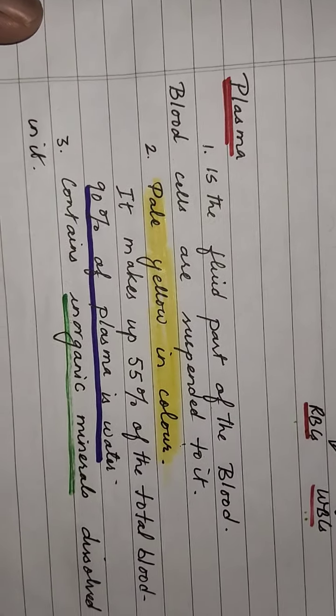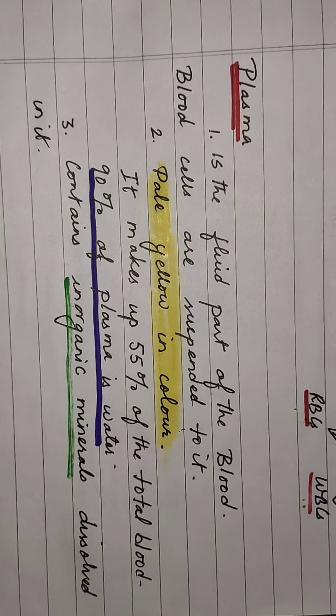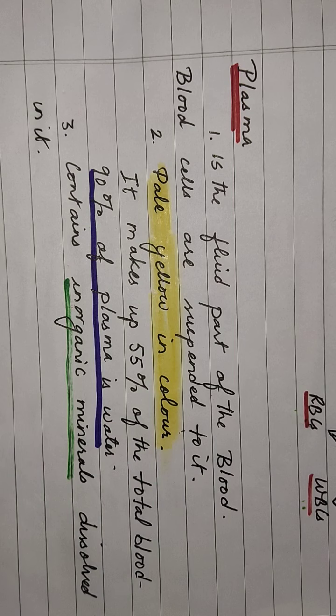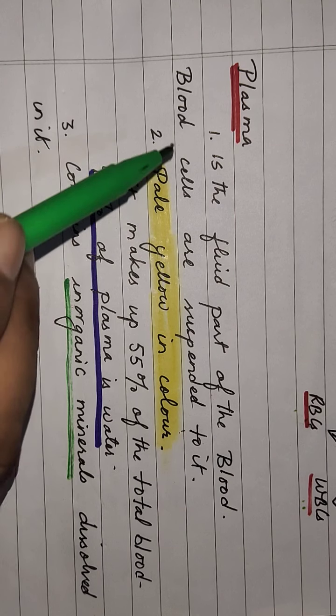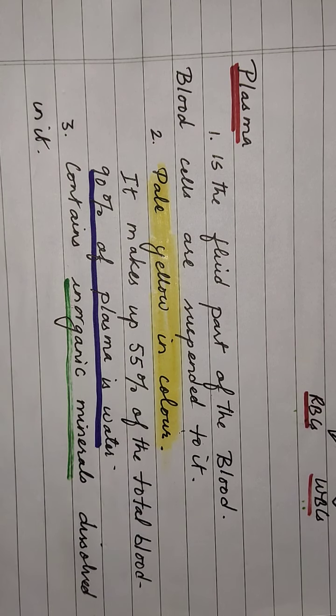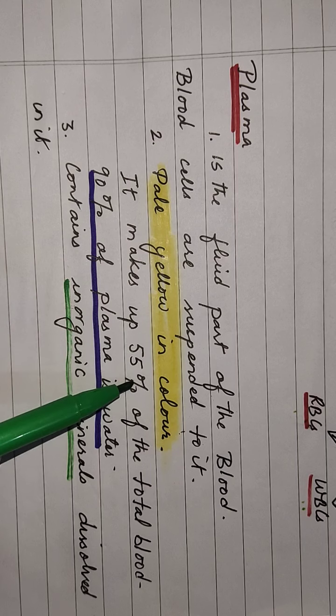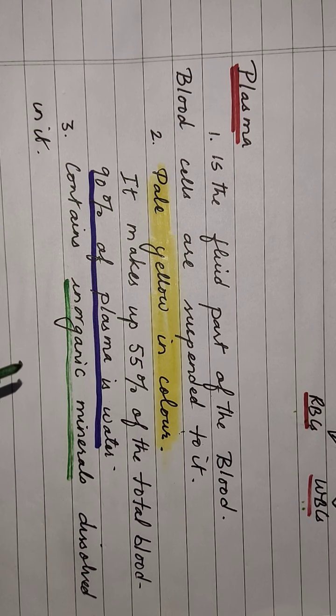So what is plasma? Plasma is the fluid part of the blood. Blood cells are suspended in it. It is pale yellow in color. It makes up 55% of the total blood. 90% of plasma is water.